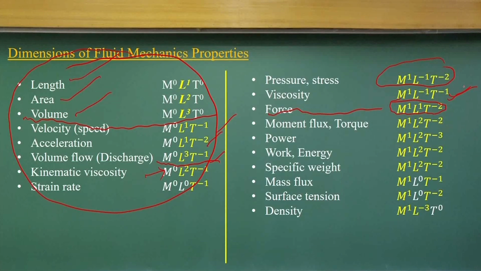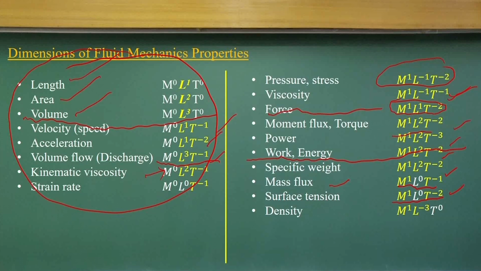Similarly, let us come to the next levels: the momentum flux or the torque. You can find out what the unit will be for power, work and energy. Then I am coming to the other two properties, specific weight and mass flux, mass per unit time, that is what mass flux is. Similarly, you can compute the surface tension.